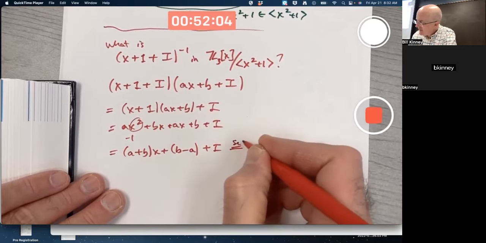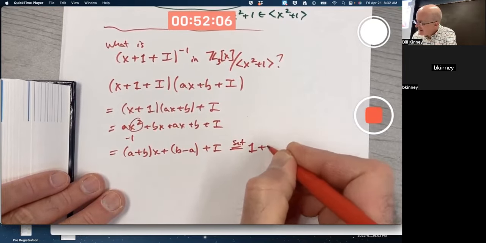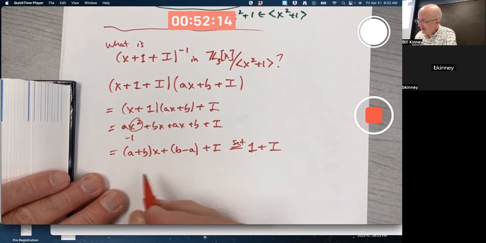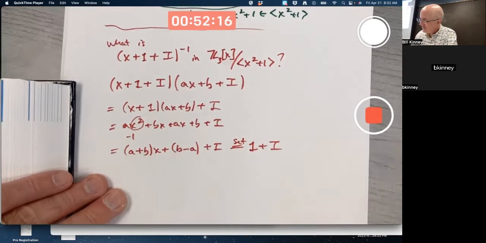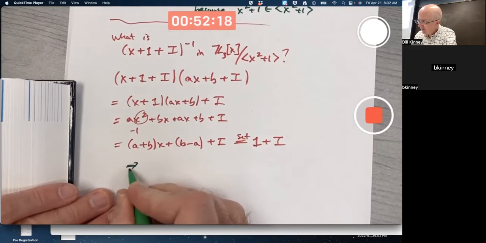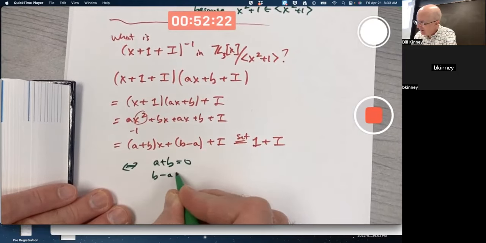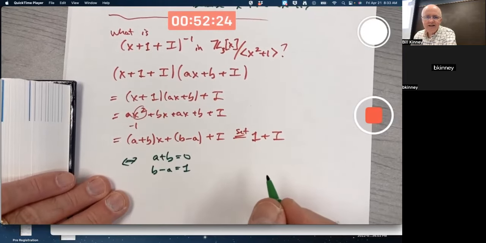Set this equal to the multiplicative identity 1 plus I. And ask what conditions on A and B will make that true. Are there conditions? That's equivalent to A plus B equaling 0 and B minus A equaling 1. Does such a system of equations have a solution when A and B are either 0 or 1?